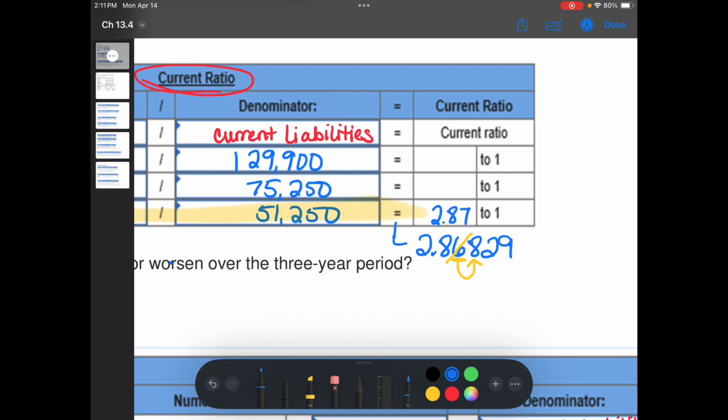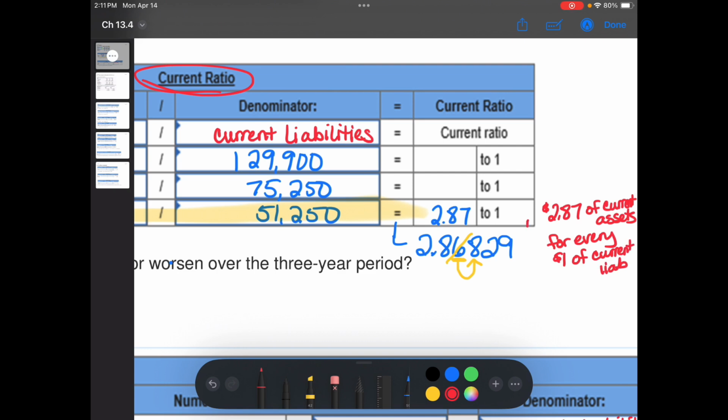So it will become 2.87. And what that number represents is that for every $2.87 of current assets, it's like money, for every $1 of current liabilities. So that is good.